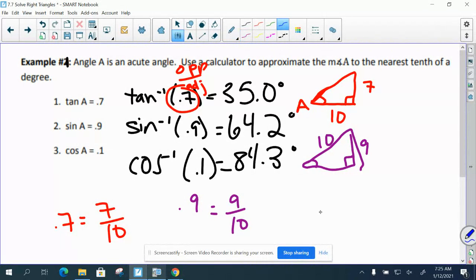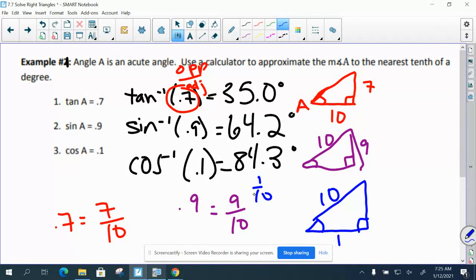And then for cosine, all right, this one's not too bad. 0.1 is 1/10, so this would be 1, and this would be 10. And obviously these three triangles are all different because the angle A comes out to be different. If they were the same, then the triangles would be similar.